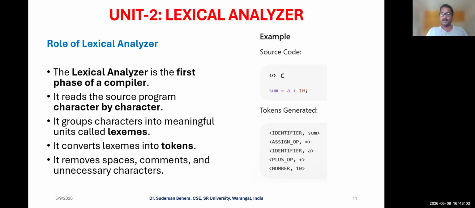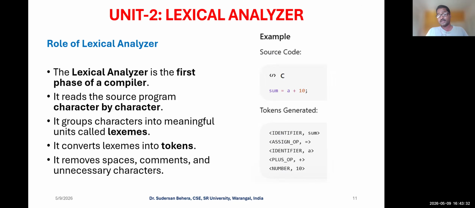As I said before, the lexical analyzer is the first phase of the compiler. It reads the source program character by character, and it groups the characters into a meaningful word called a lexeme. For that lexeme, it finds out the corresponding token type. That is the major role of the lexical analyzer.